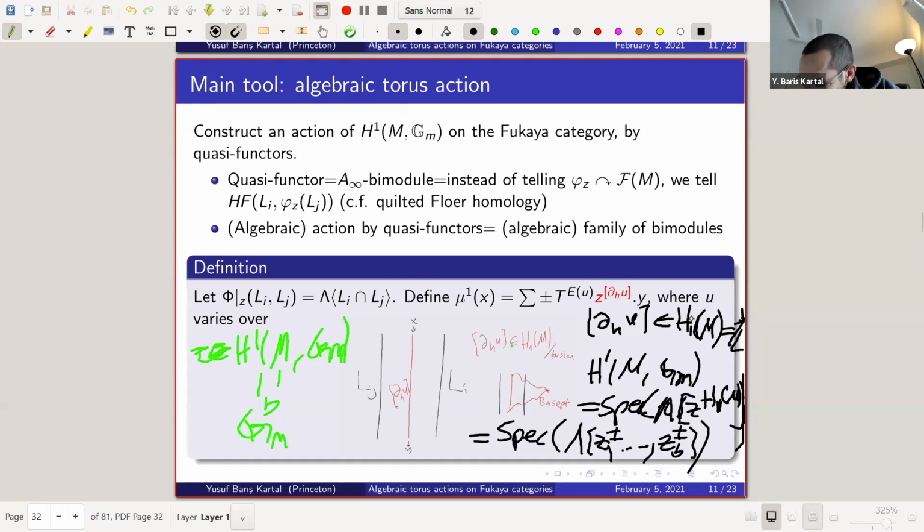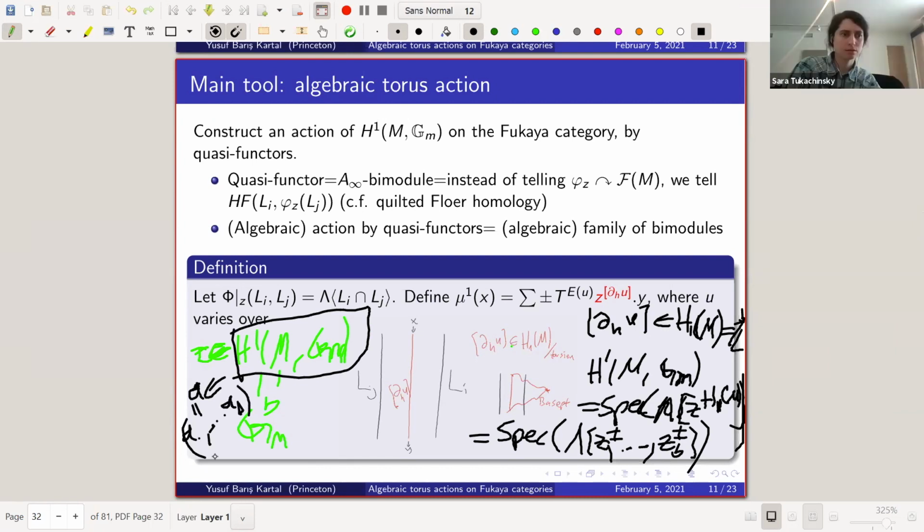So to define this, you pick something from here. Maybe z is not the best notation, so let's write it a for the moment. You pick an a from here, and you write it in this basis, a1, comma, dot dot dot, aB.